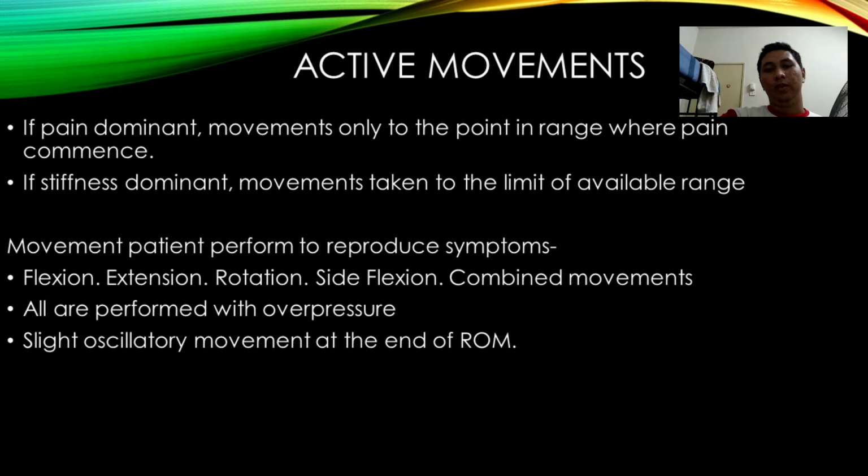Movements that can be done by the patient are flexion, extension, rotation, and side flexion, or any combined movements. All movements are performed with overpressure if necessary. Slight auxiliary movement at the end of the range of motion is also needed.